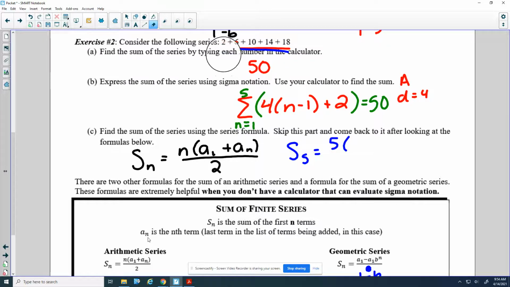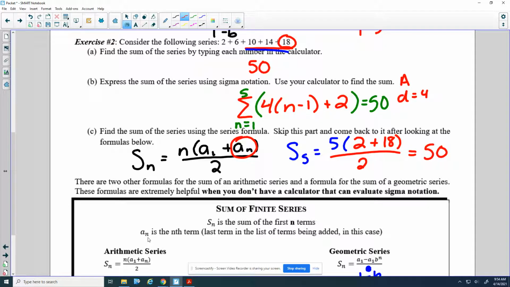A sub 5, the last term, so this is always the last term, is 18, over 2. So if I typed that in, basically that's 5 times 20 is 100. 100 divided by 2 is 50. So this formula will give me the same answers as the other two.